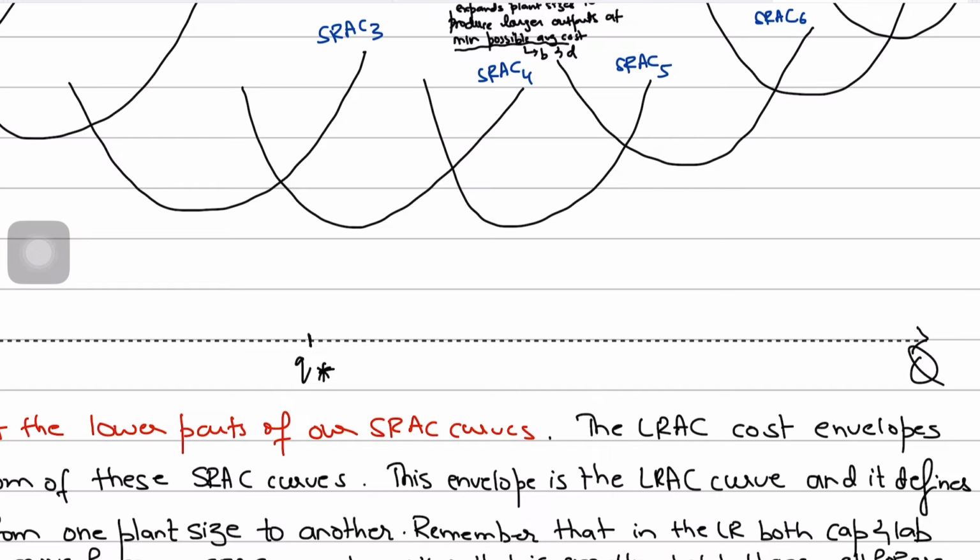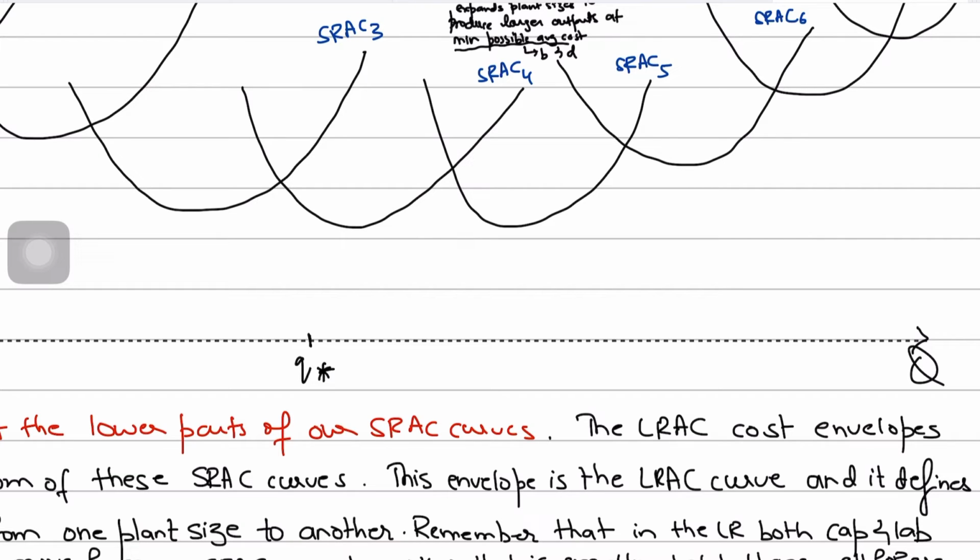It could either produce on SRAC 3 or SRAC 4, which correspond to plant 3 and plant 4. But it would make rational and economic sense that they choose the level of capital that corresponds to the cheapest way of producing Q star units.